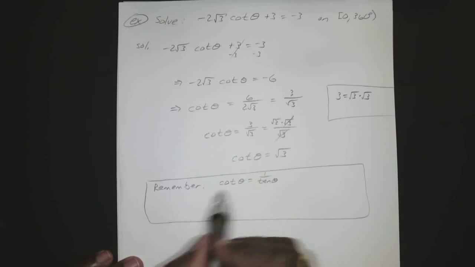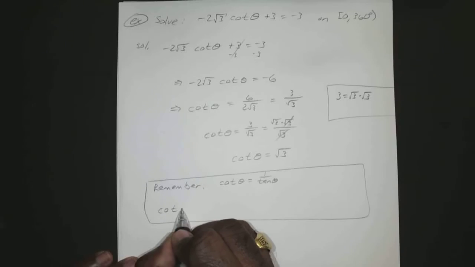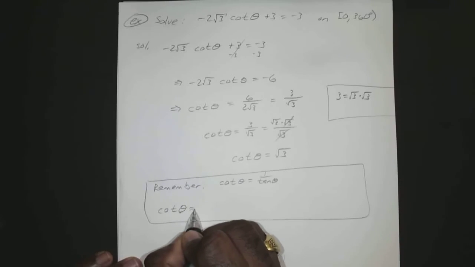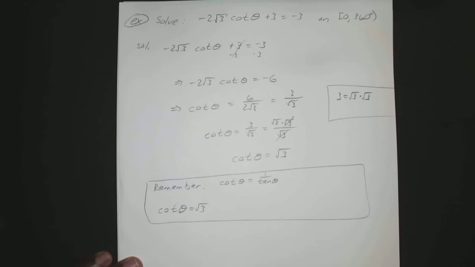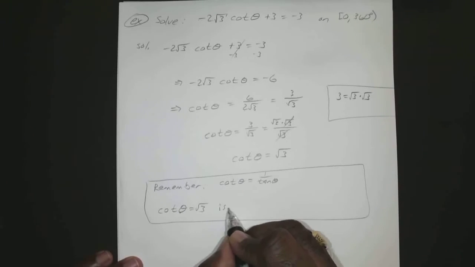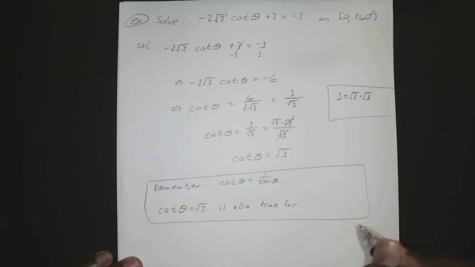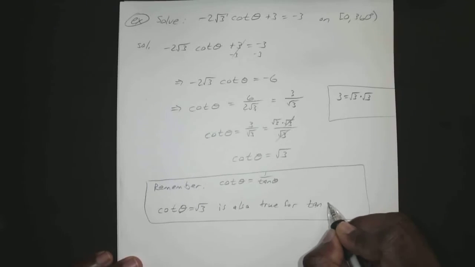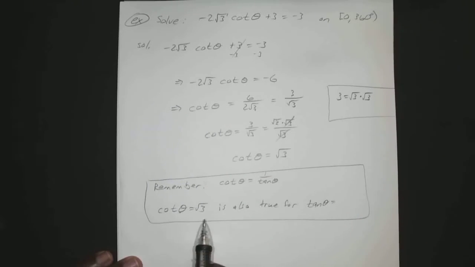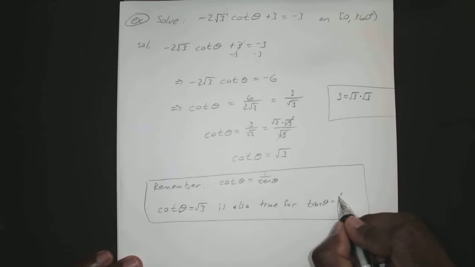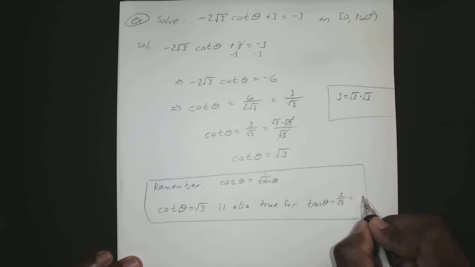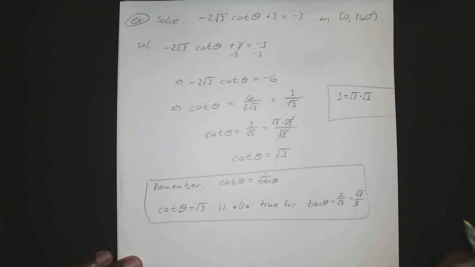Okay, so if it's true for cotangent of square root of 3, then it's also true for tangent of theta, which is 1 over square root of 3, which is square root of 3 over 3.